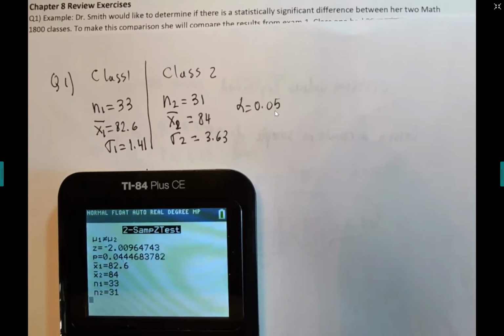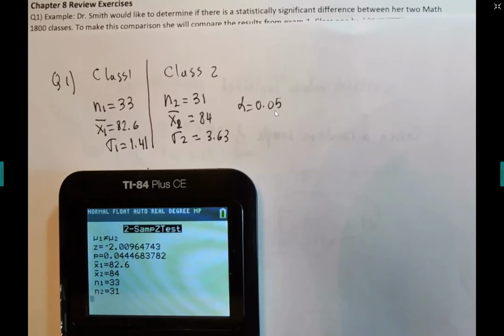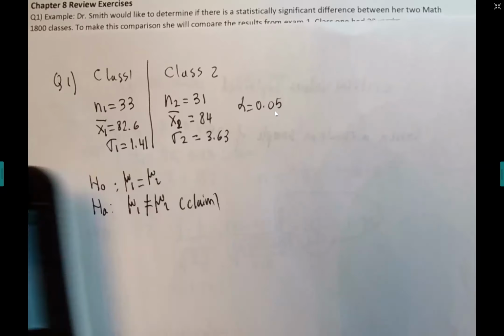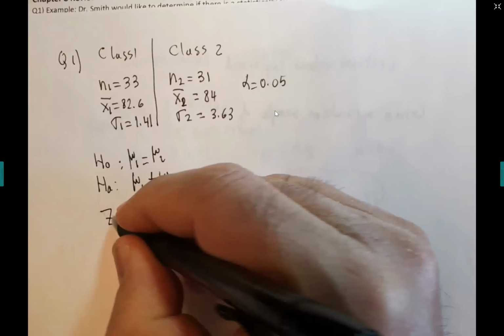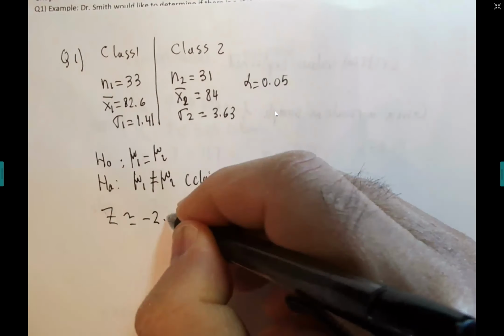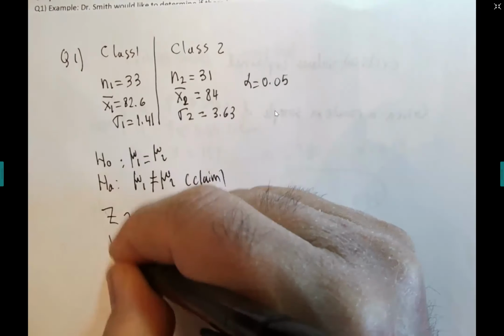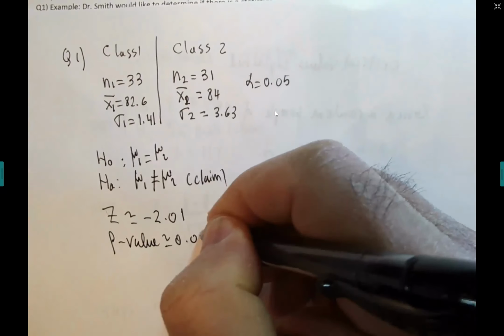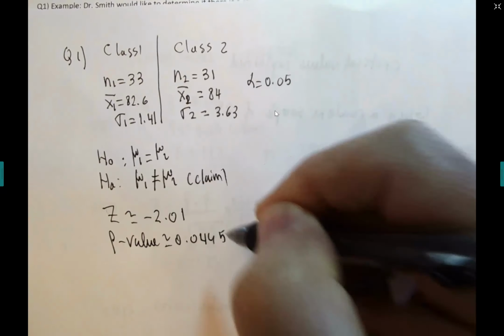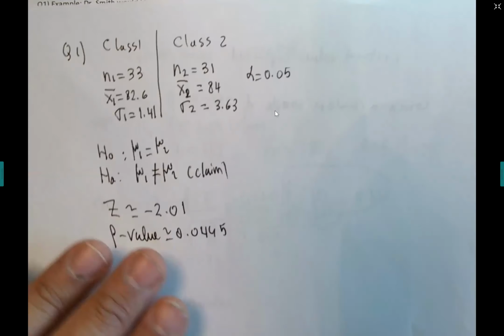Z is negative 2.01. And the p-value is 0.0445. Yay, we're gonna reject HO this time. All right, I'm done with the calculator, guys.